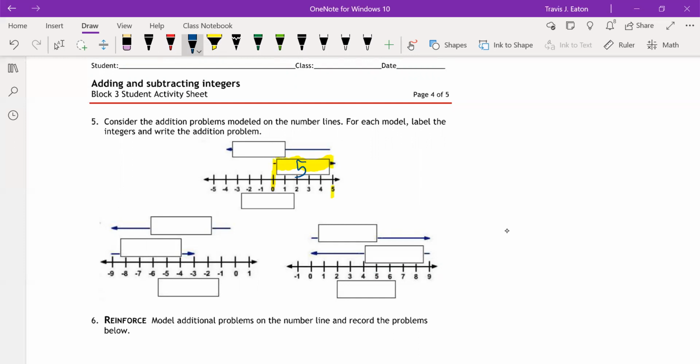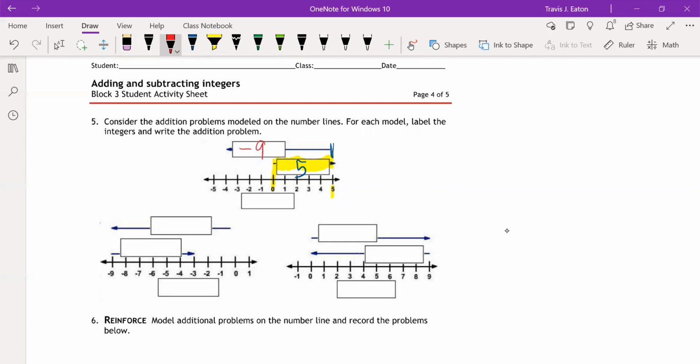Now, after we got to 5, what happened? Which direction are we going? Looks like we're moving to the left. So that means we are adding a negative. Make sure that I'm doing these in the right colors for you. We're adding a negative. How much are we adding? Well, let's count. From 5, we move down 1, 2, 3, 4, 5, 6, 7, 8, 9.